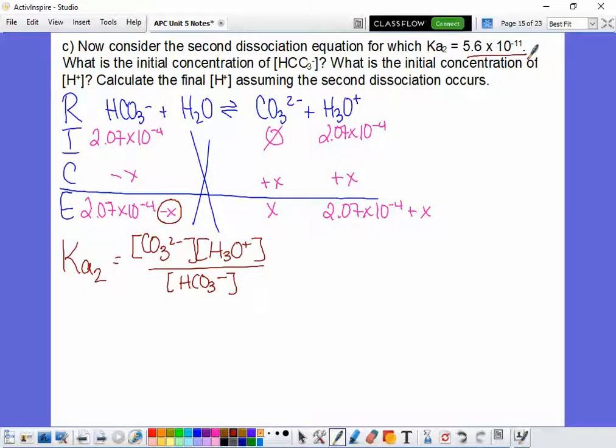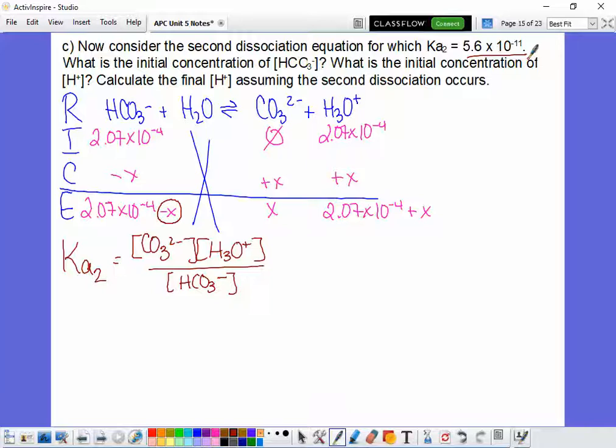It's fairly small. By the way, the general rule of thumb is typically when you have a Ka value that's 10 to the negative 4 or negative 3 or greater, typically minus x will not be negligible. It'll be significant enough. When it's smaller than times 10 to the negative 4, pretty much going to be eliminating that minus x.